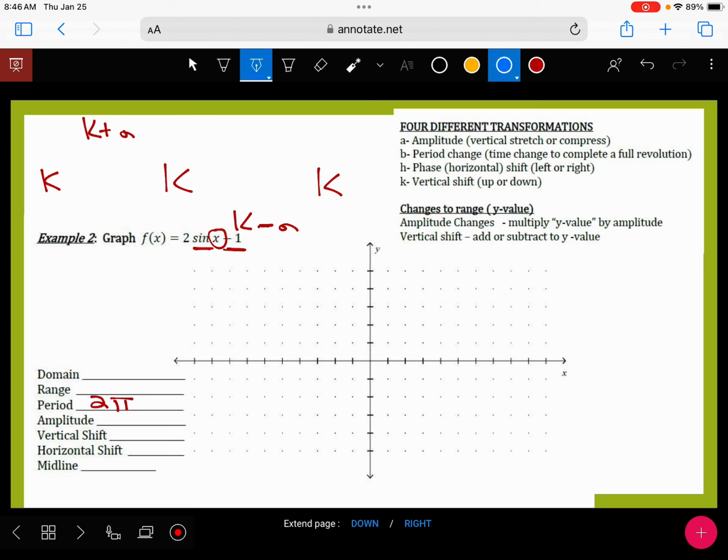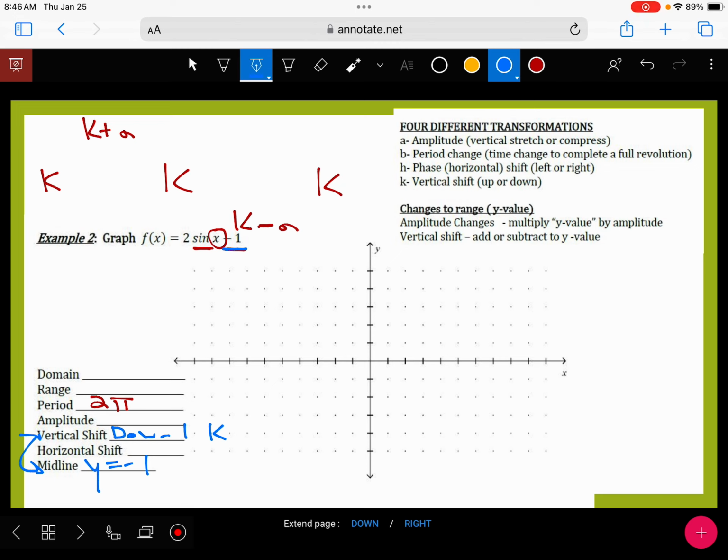So that tells us that our vertical shift is going to be down 1, and our midline is going to be at y equals -1. Remember that vertical shift is our k value.